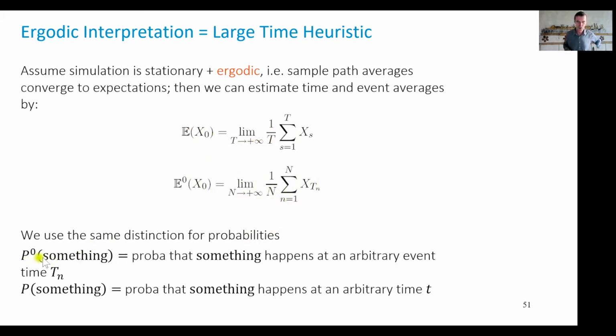So Palm probability of something is the probability that something happens at an arbitrary event, whereas the stationary probability of something is the probability that something happens at an arbitrary time t, which should be independent of the time t if the simulation is stationary, and it should be independent of which particular event index n we're considering if the simulation is stationary.